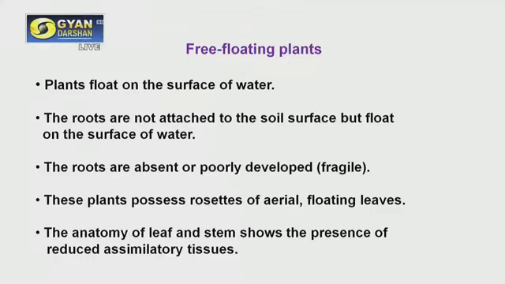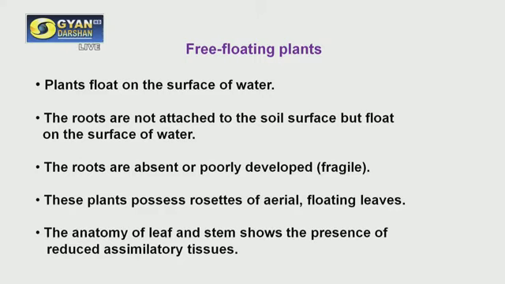That is, the roots are not attached to the soil surface, but they float on the surface of water. In fact, the roots are actually absent, or the roots are very poorly developed, fragile roots. And they have a rosette of aerial floating leaves. Floating leaves. That's why I gave you the example of lotus.